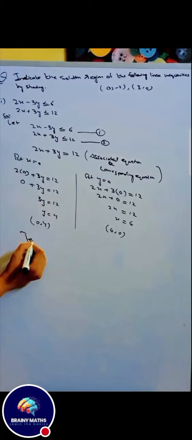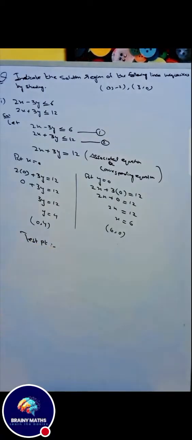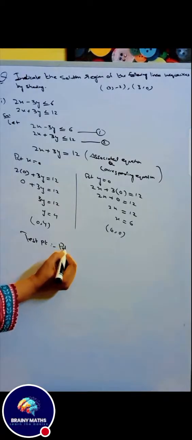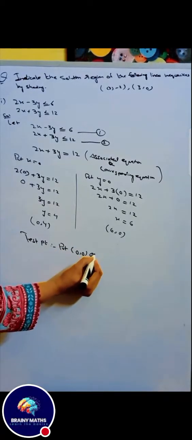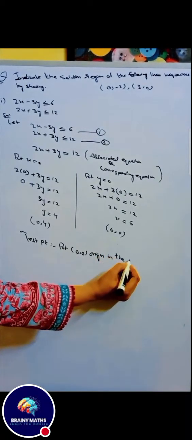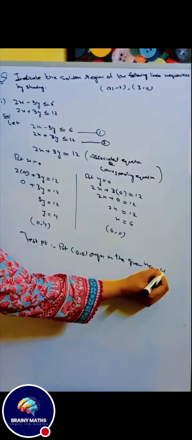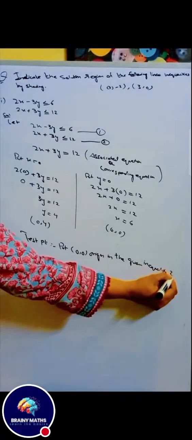Now, next, the test point. Is it false or true? Test point. So what is it? Put 0, 0 origin in the given inequality. Now, which equation do we use? Equation number 2. Up to you.